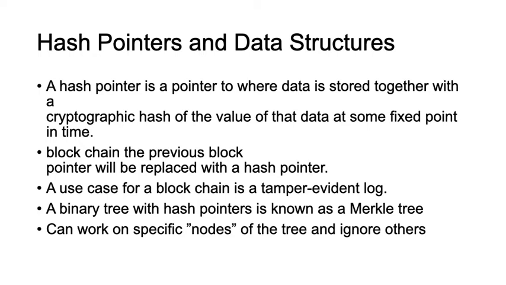This proves useful as a tamper-evident log, such as a blockchain, which is a digital ledger of the transactions. Each of these blocks will contain hash pointers to the previous block. This is also sometimes known as a Merkle tree.